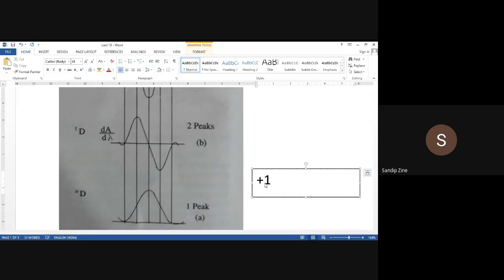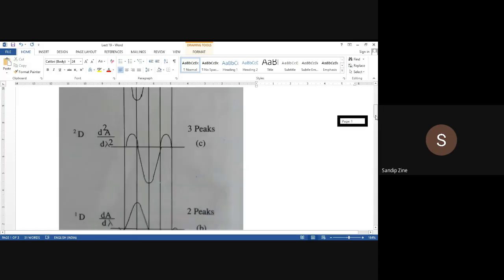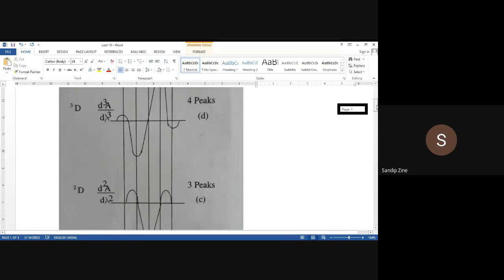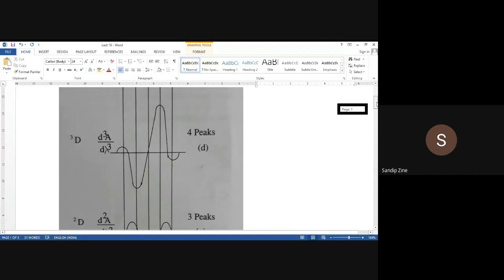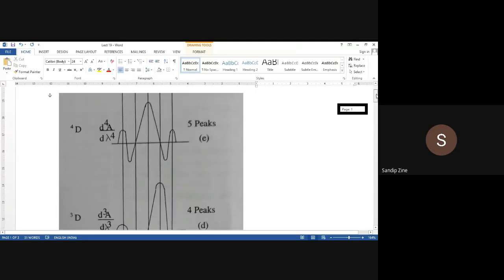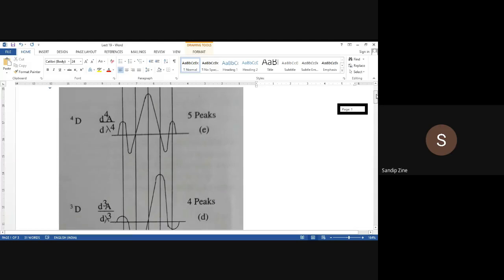So what you are observing over here? First order plus 1, so obviously 2 peaks. When we move further, that is a second order, we get n plus 1, that is 3 peaks. Again 4 peaks, then 5 peaks as the fourth order derivative of absorbance.